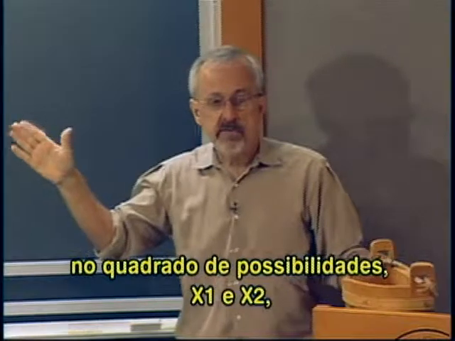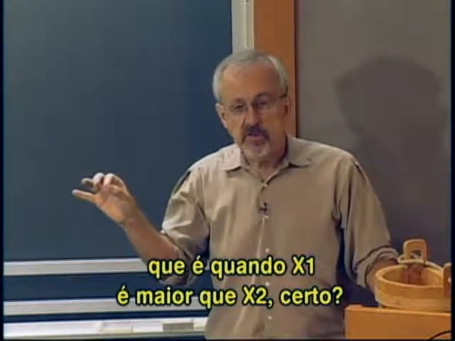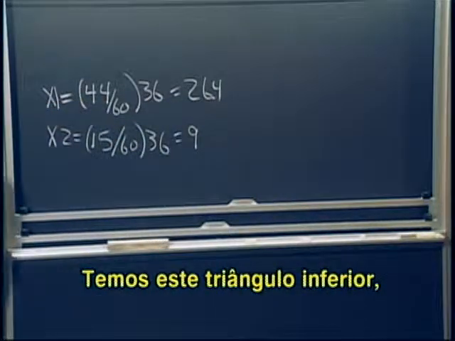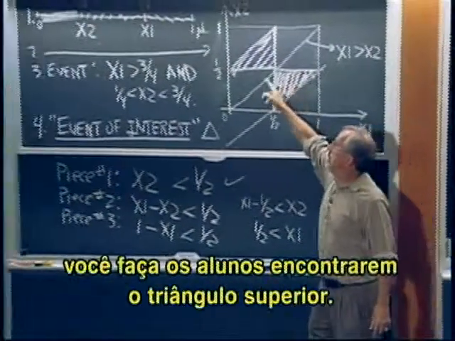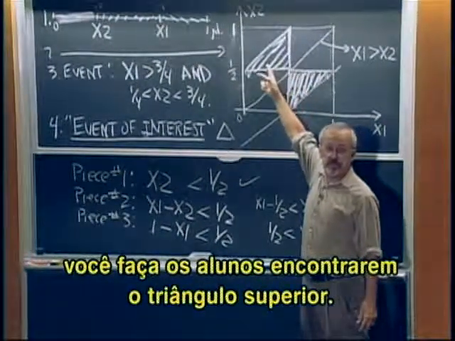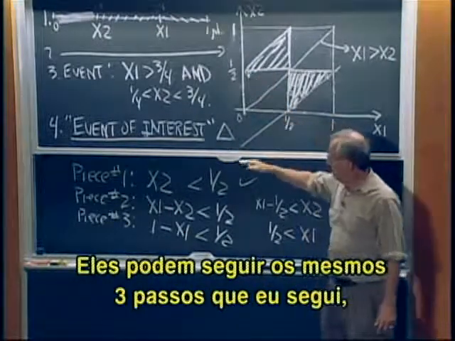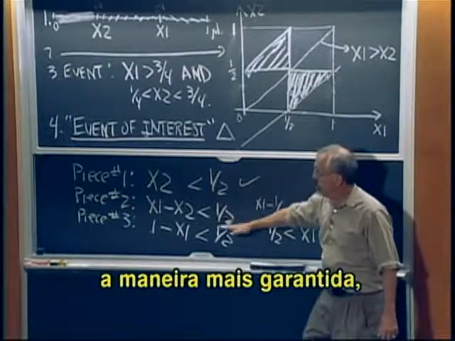All right? Okay, pause number 4, the last pause, is basically I've shown the lower triangle in the square of outcomes, x1, x2. And that's for the case when x1 is greater than x2. Okay, so we have this lower triangle here. And what I'm asking you to do in class is to have the students figure out this upper triangle here. And they can either do it by going through the same 3 steps that I did here. This is the surefire way of doing it.